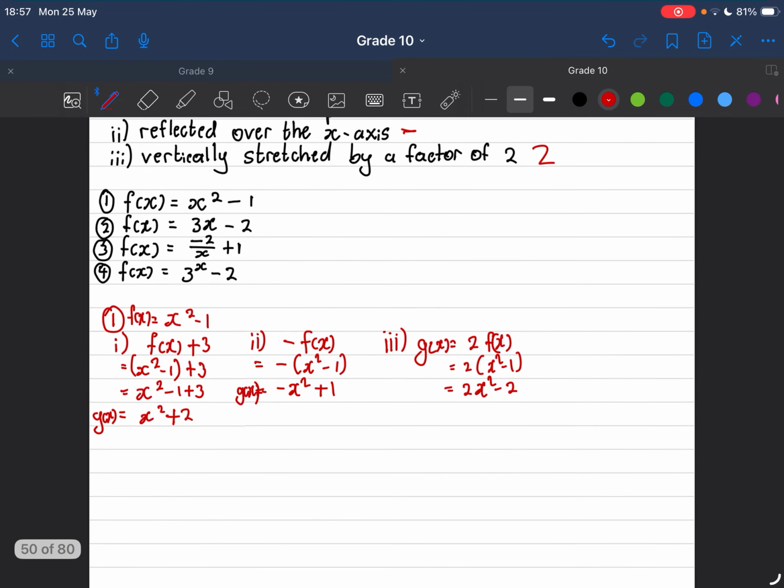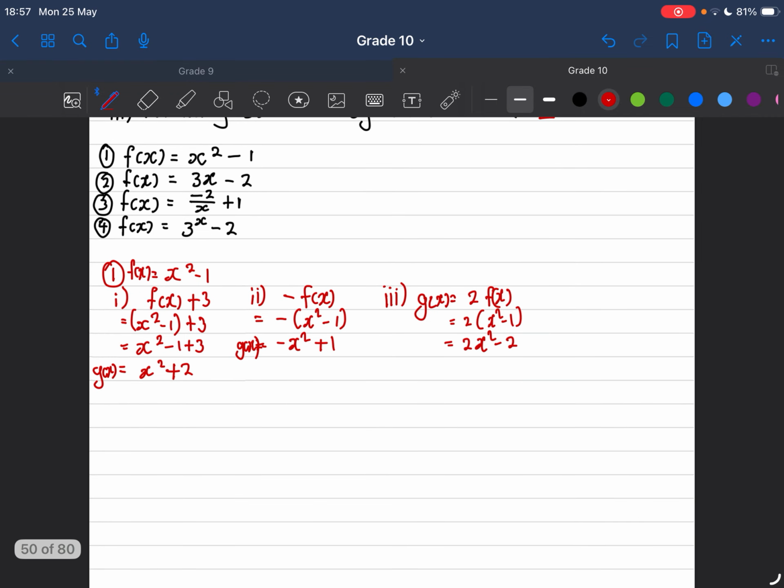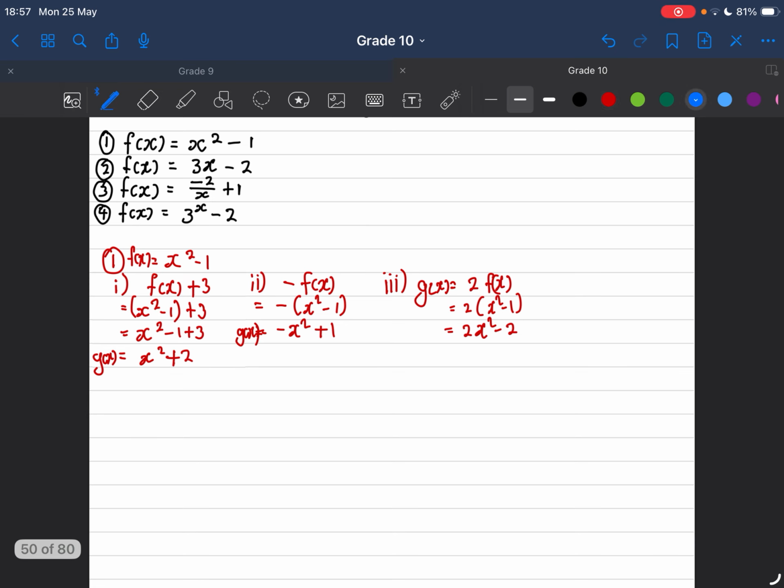Now, what the whole concept is, all we're doing is we're taking an equation and we're changing it based on whatever the transformation is. Remember that multiple transformations can happen at once. Right, for number 2, my f of x function is equal to 3x minus 2. So the first thing I want to say, g of x is going to equal f of x plus 3.